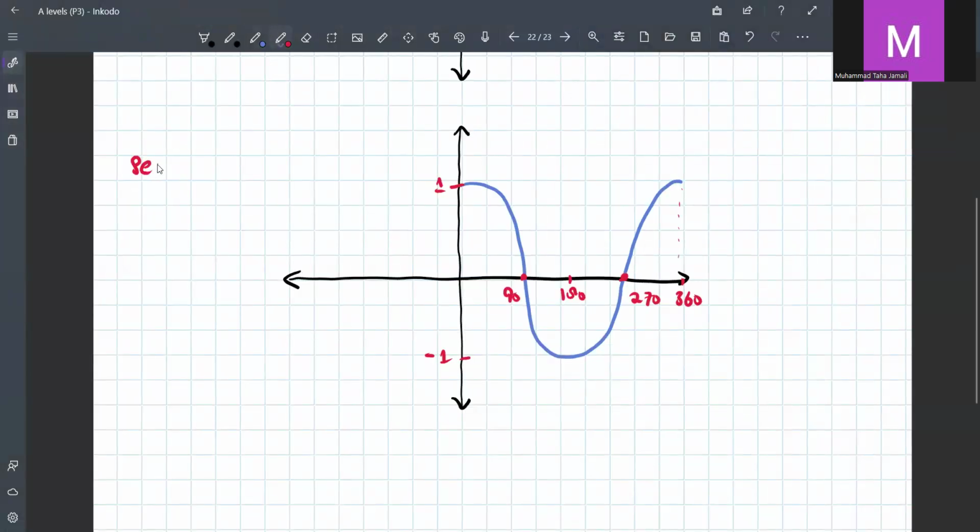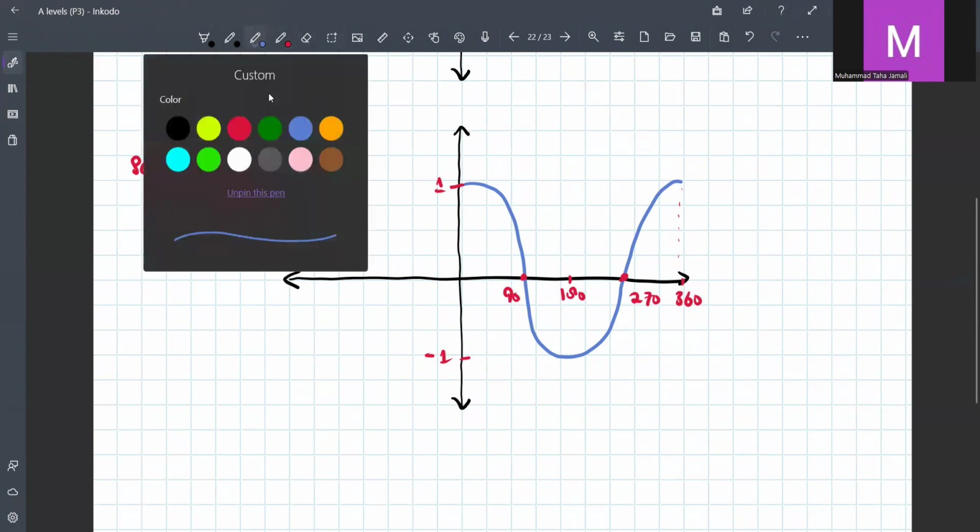Notice that sec x is 1 upon cos x. So a sec x graph will look something like this. Let me draw it in orange, or maybe a little dark green.